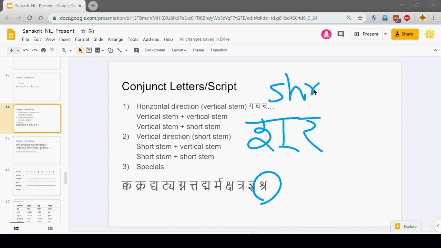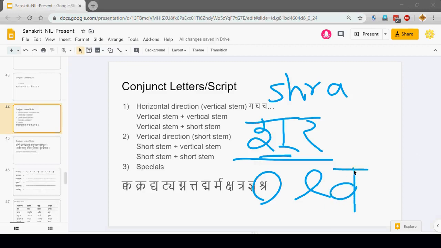In English, let me write just for understanding. Shra. Alternately, the consonant sha, if it is coming in the beginning, can also be written like this, and then the following consonant. This is shwa. You can also see it top to bottom, that is also fine.